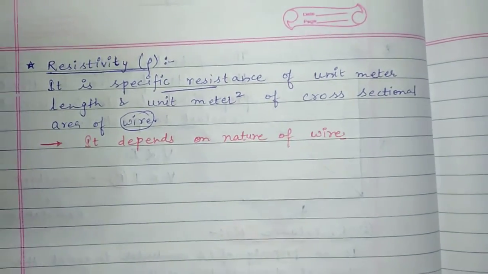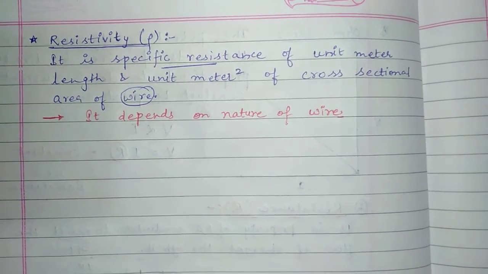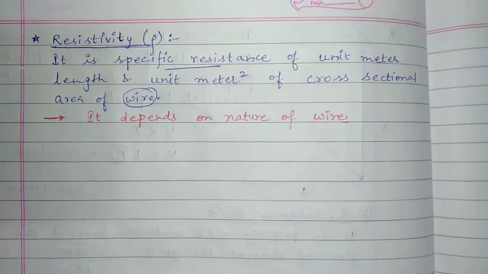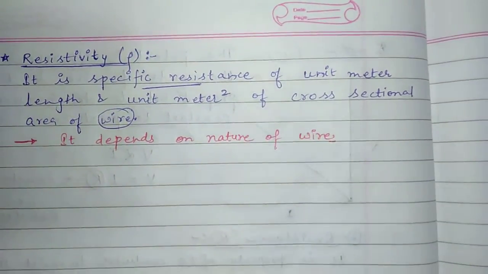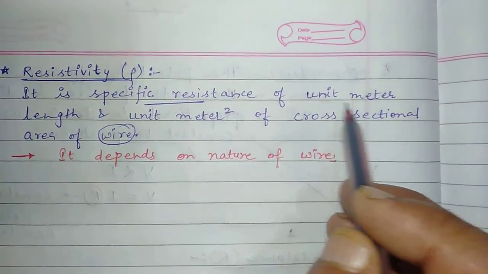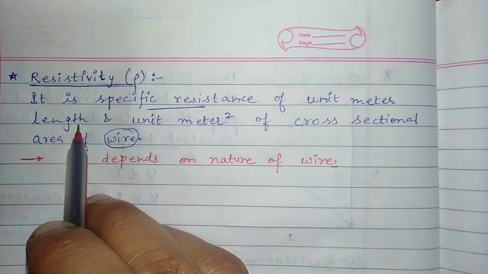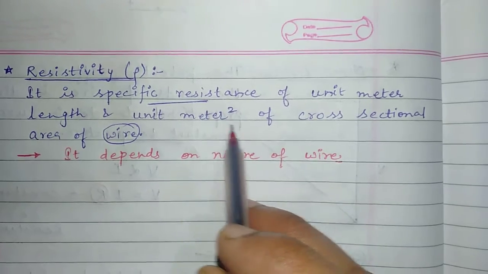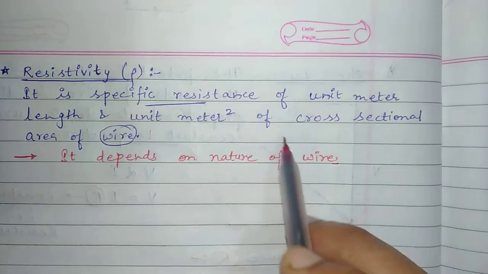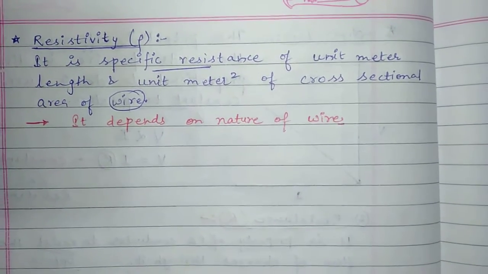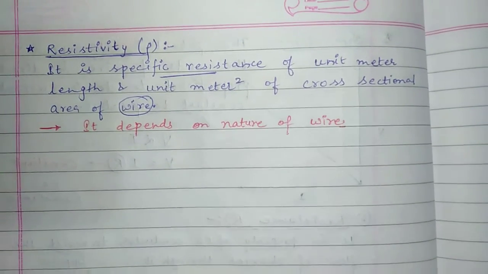But for the exact definition, we need to use some more words: if the length of the wire is unit meter and the cross sectional area of the wire is unit meter square, then the resistance shown by that wire is the specific resistance.